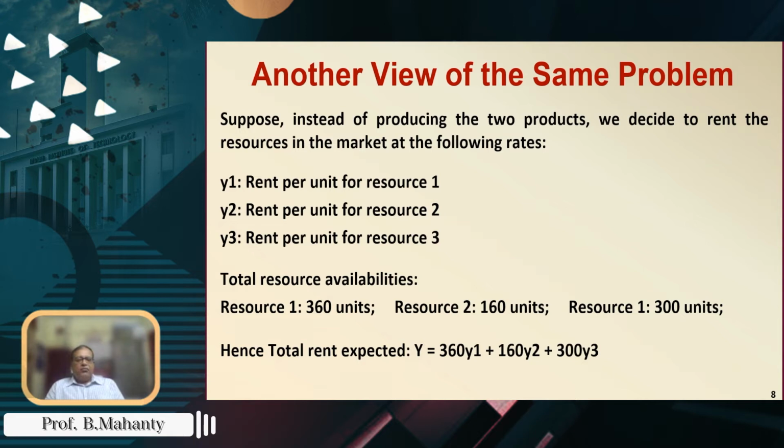The total rent that we are going to get is 360 Y1 plus 160 Y2 plus 300 Y3.